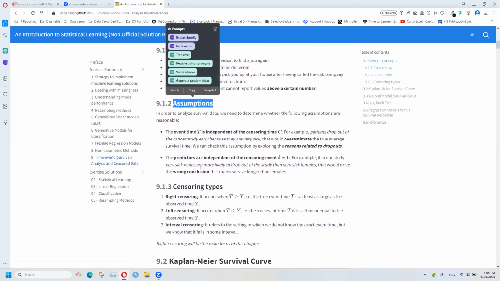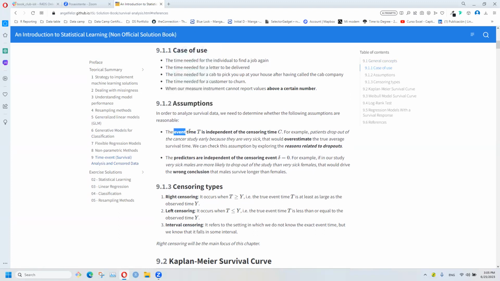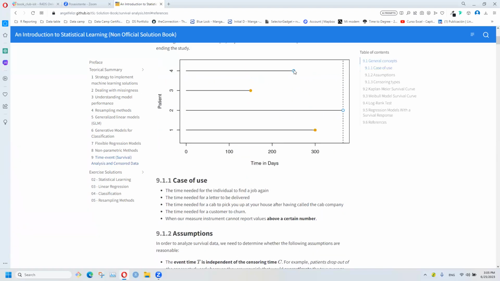When we are making this analysis, we need to take into consideration some assumptions. We need to validate that the event time, T, is independent of the censoring time. What that means is, if you don't observe this time, you shouldn't expect that the person died the next day.